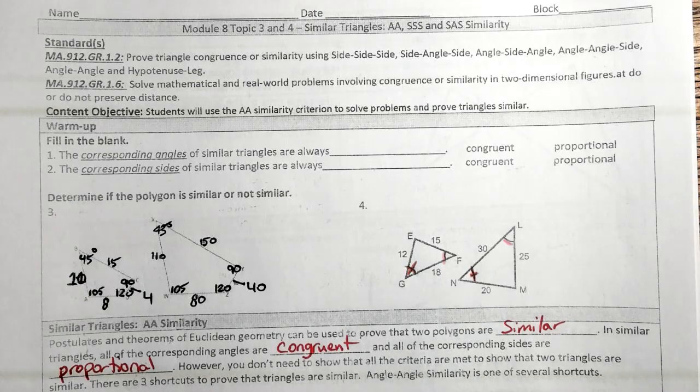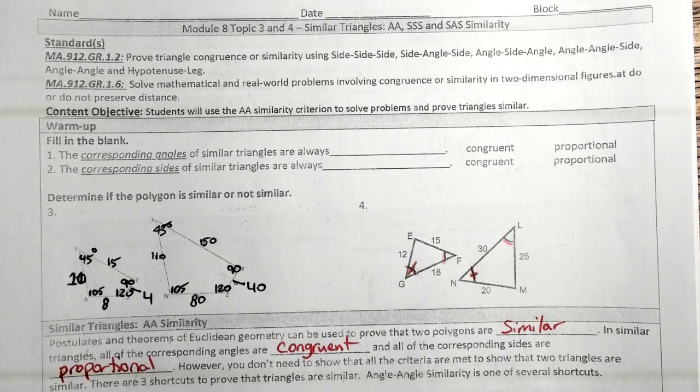So to be similar, you have to be able to map one onto the other with a dilation and/or a transformation. Remember, your translations, your reflections, all those things, we move a shape, we don't change its size, so the angles and sides stay the same.